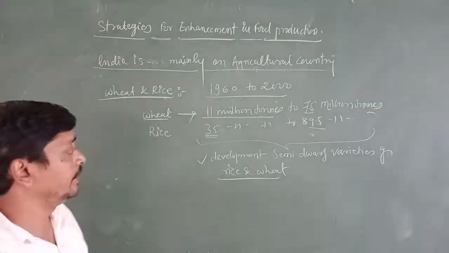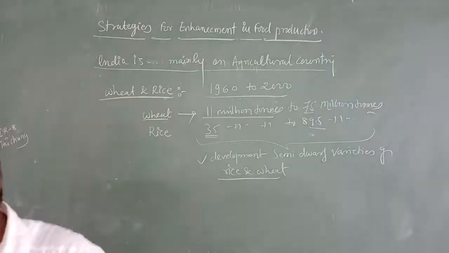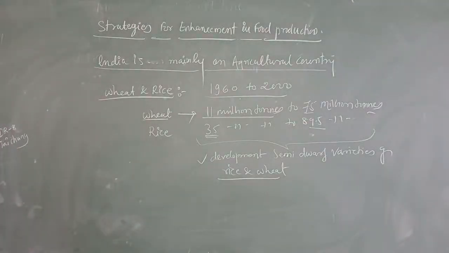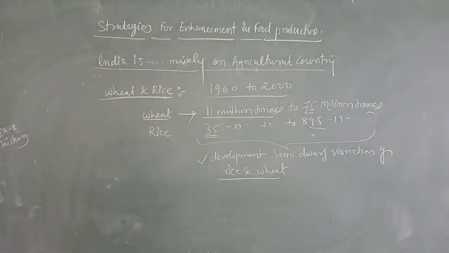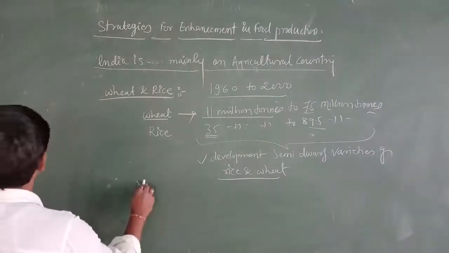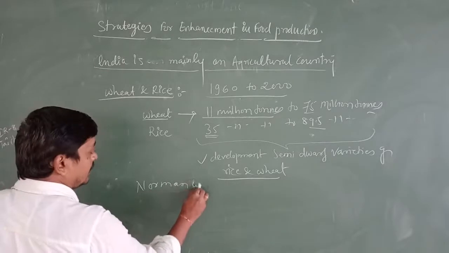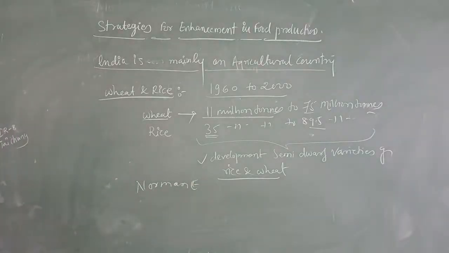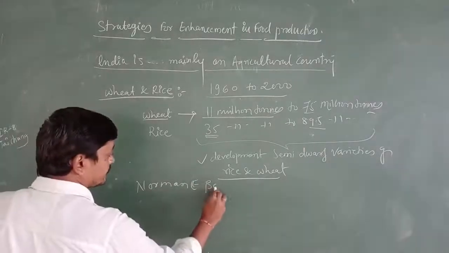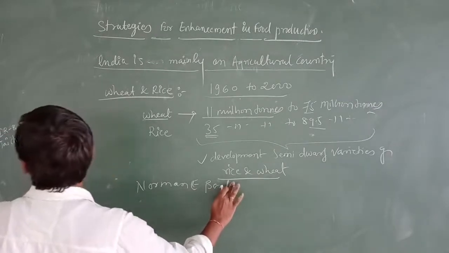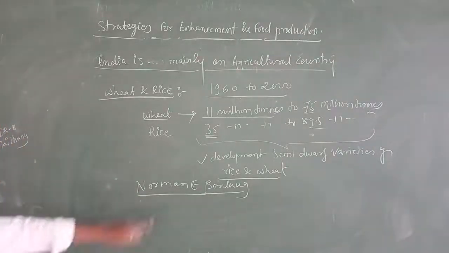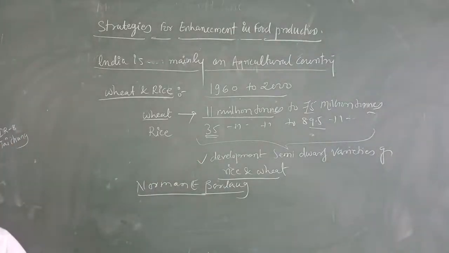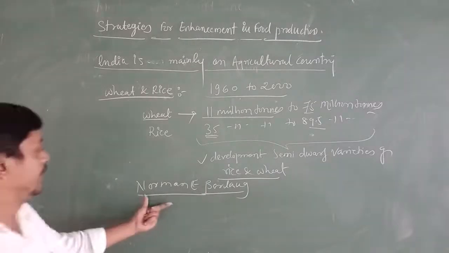Among these semi-dwarf varieties, we are going to discuss one name: Norman E. Borlaug. This is the name of the scientist who won the Nobel Prize.